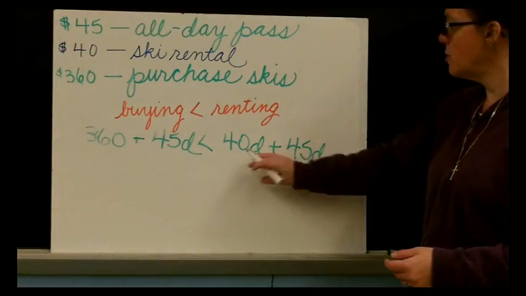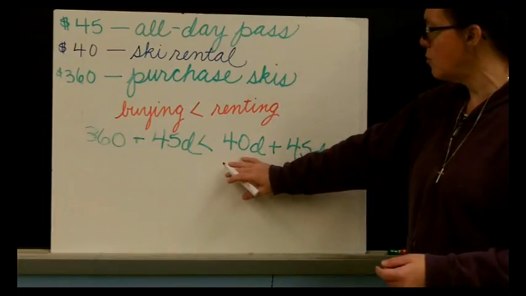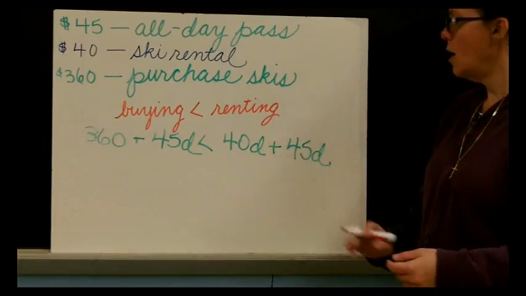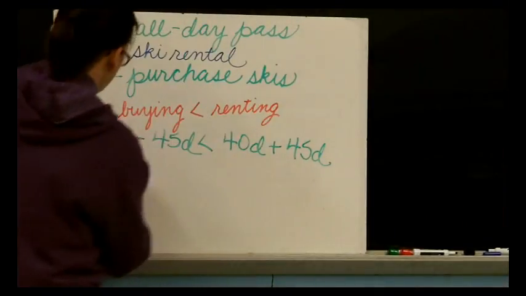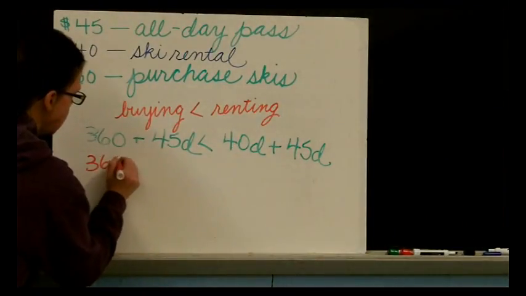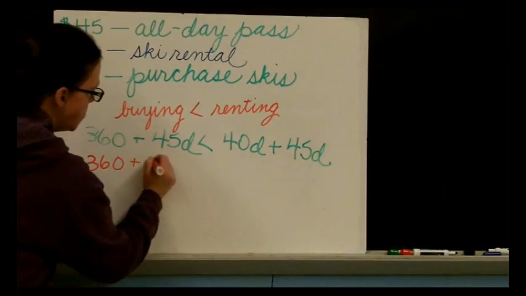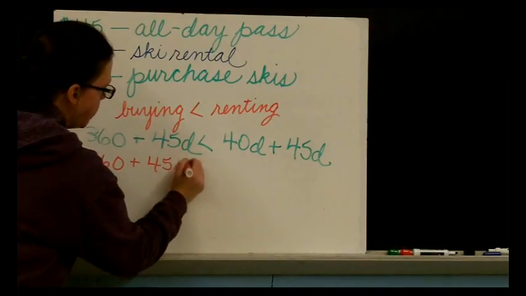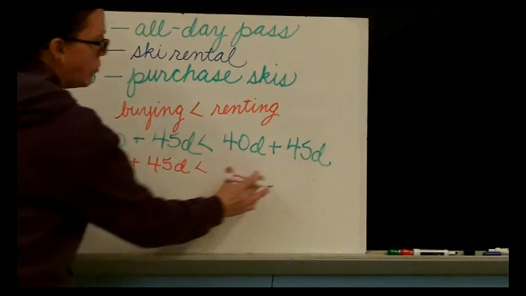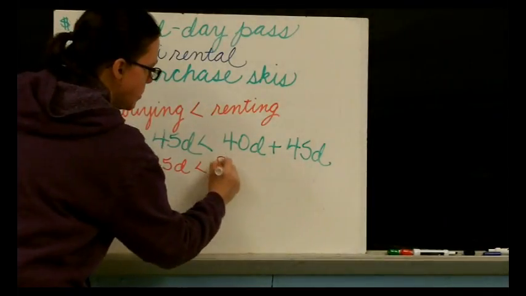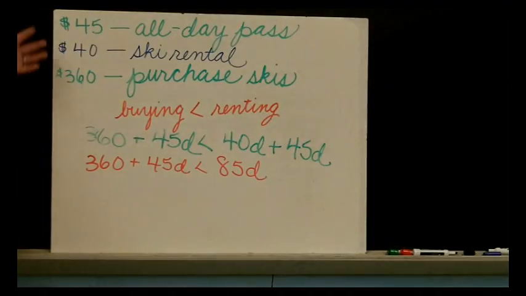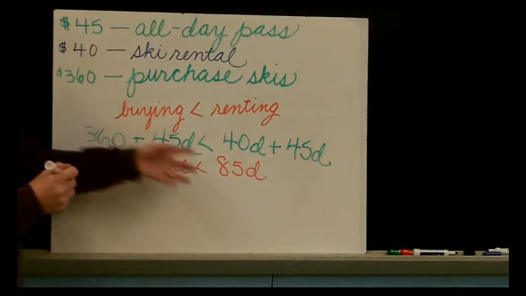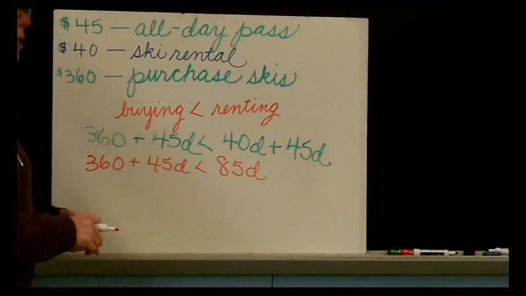I hope you've seen that there are like terms on this side, so we can simplify that. This side stays the same for right now, 360 plus 45D. And we're going to combine these terms to be 85D, because if you were going to rent everything, you would spend $85 a day.